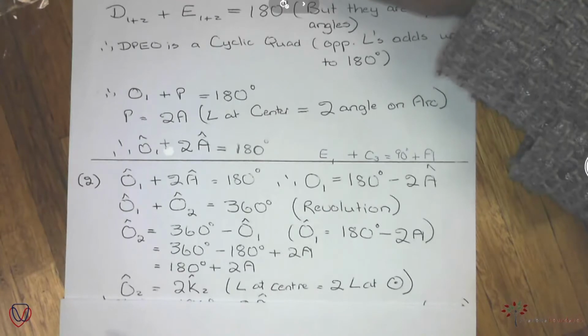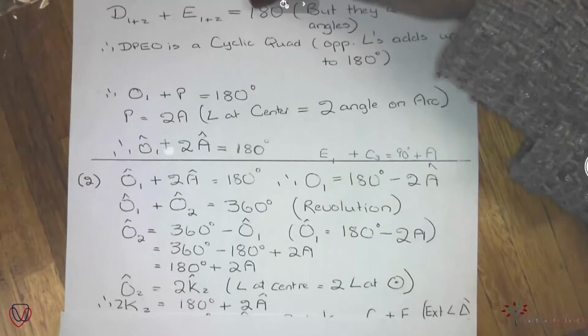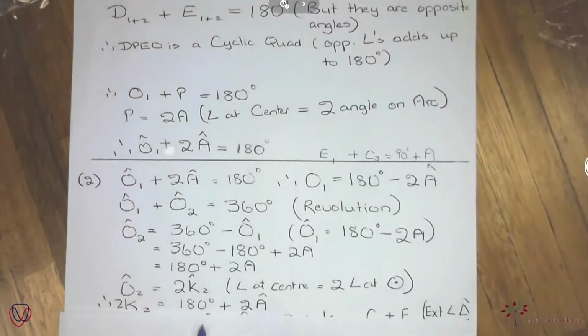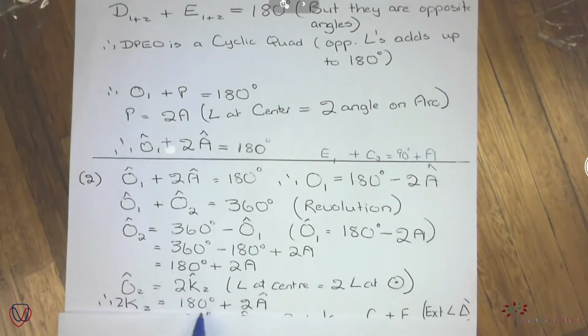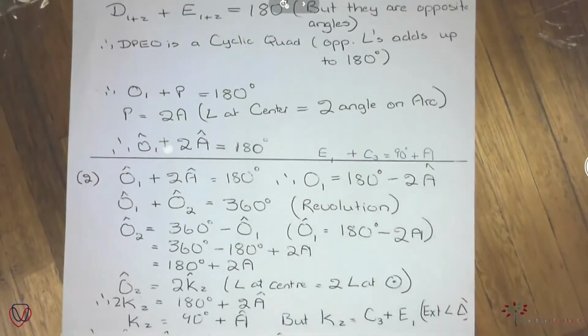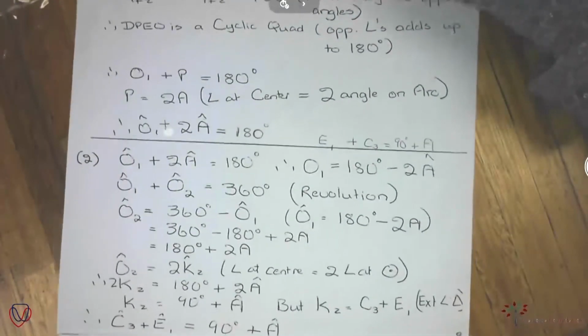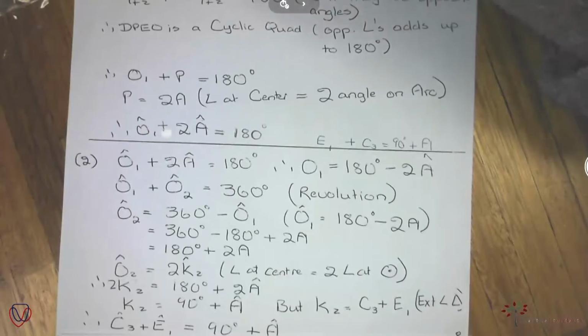There you have it. But O2 is 180 degrees plus 2A. Therefore, 2K2 will also be 180 plus 2A. So K2 will be half of that, 90 plus A. And K2 is the exterior angle equal to C3 plus E1.